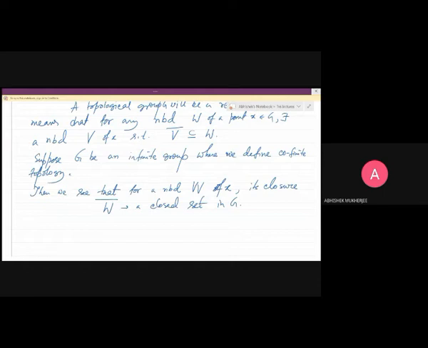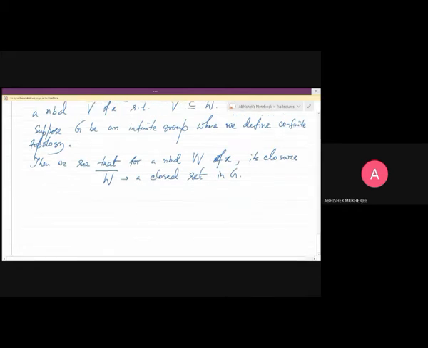Now what are the closed sets of a cofinite space? The closed sets are either phi or any finite subsets of G, right?